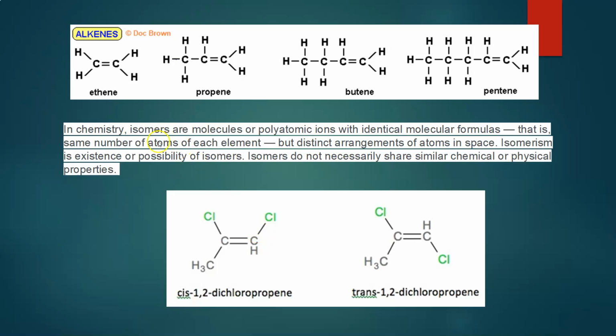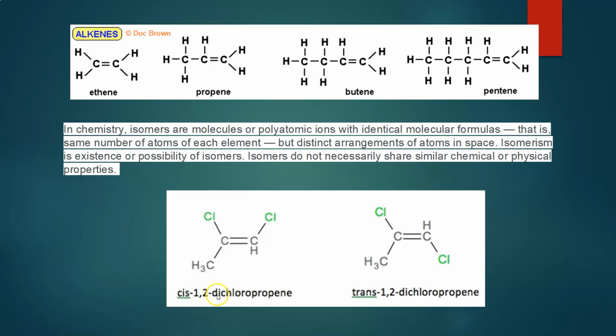These compounds can make isomers that are molecules or polyatomic ions with identical molecular formulas, that is, the same number of atoms of each element. But the arrangement of the atoms in the space are different. So the properties and the physical characteristics can be different too.